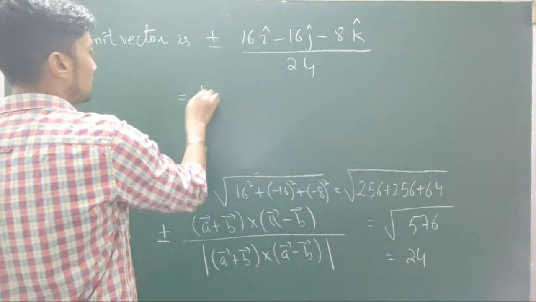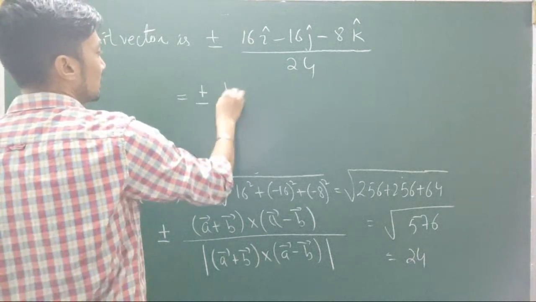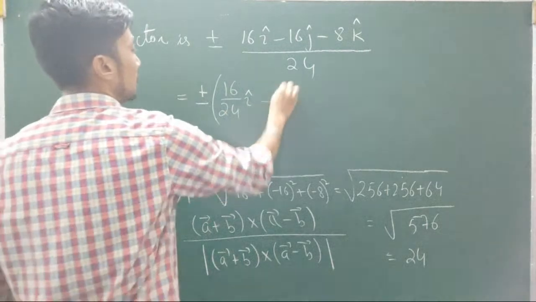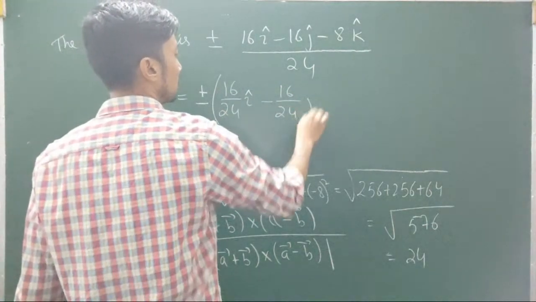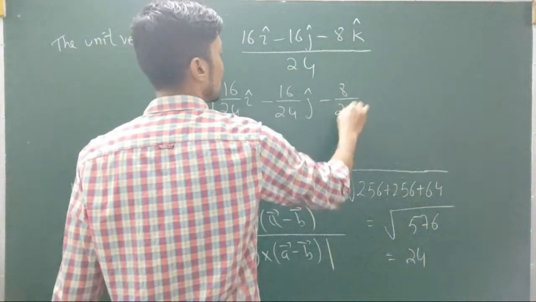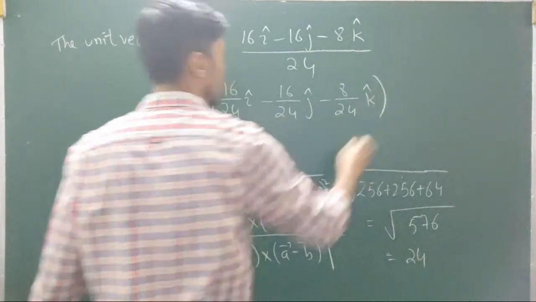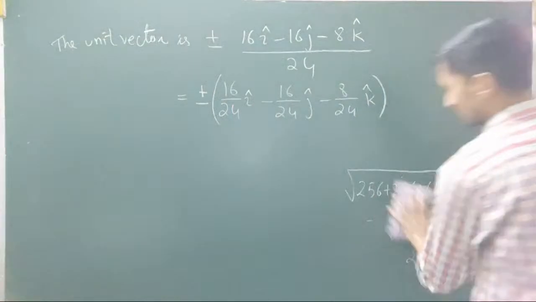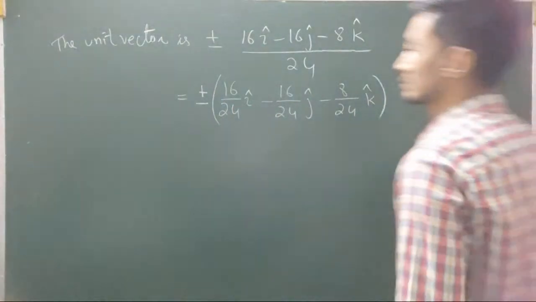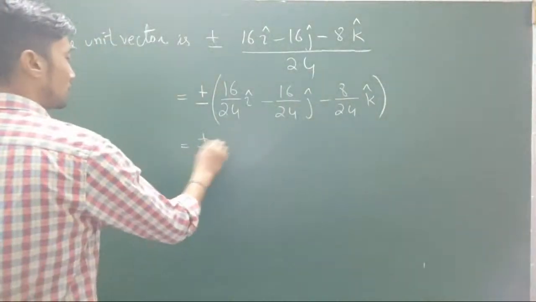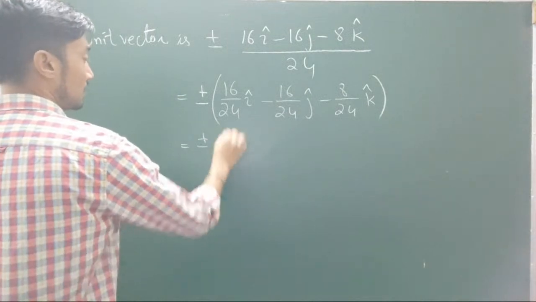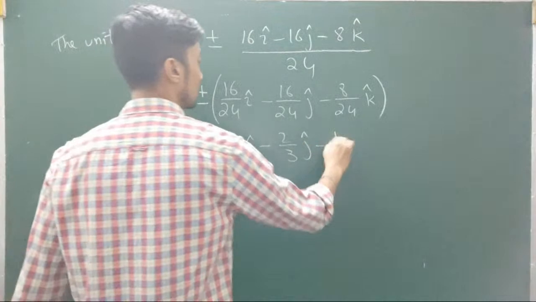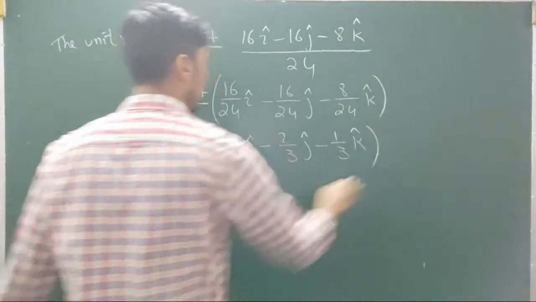That is equal to plus or minus 16 by 24 i minus 16 by 24 j minus 8 by 24 k. So that would be plus or minus 2 by 3 i minus 2 by 3 j minus 1 by 3 k.